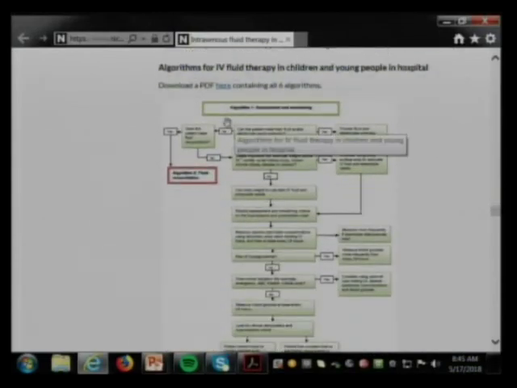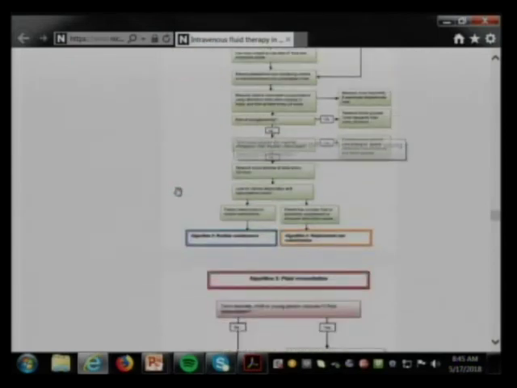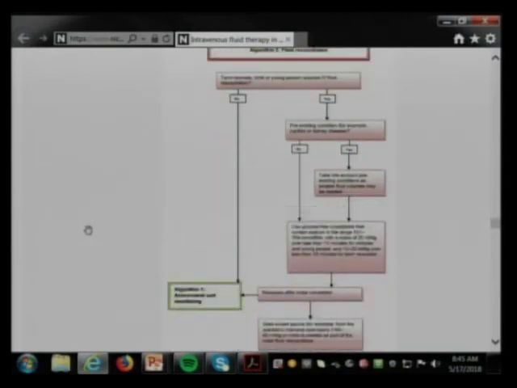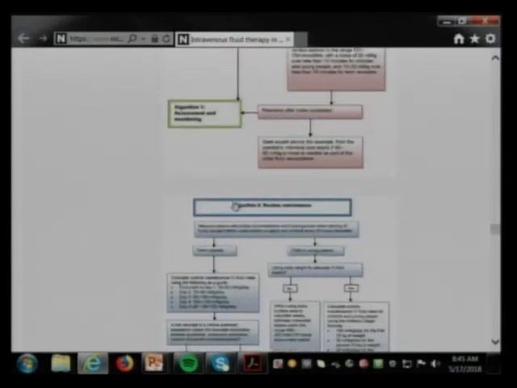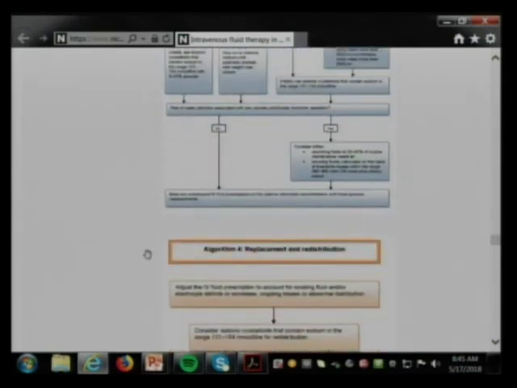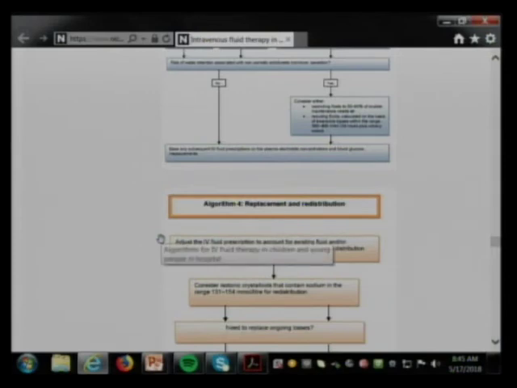This will probably be a little easier to follow, with algorithms regarding assessment and monitoring, fluid resuscitation, and routine maintenance. Really, this guideline is looking at fluids as a prescription, a medication, not just IV fluids or fluids and electrolytes in a bag.